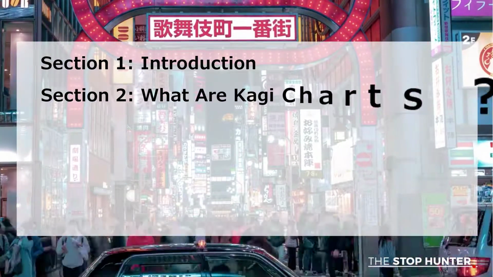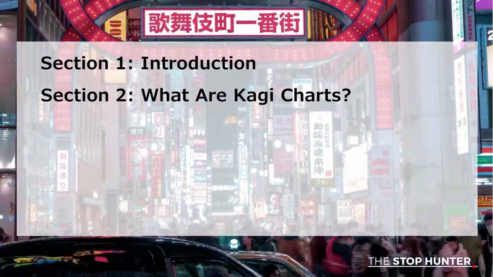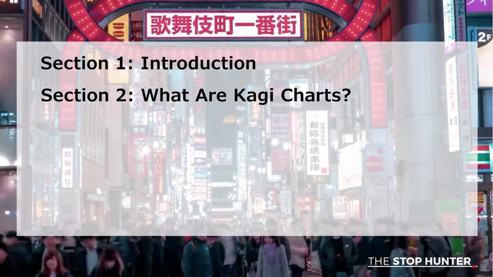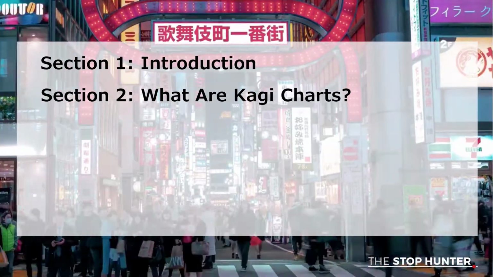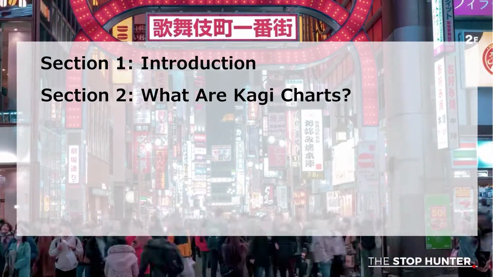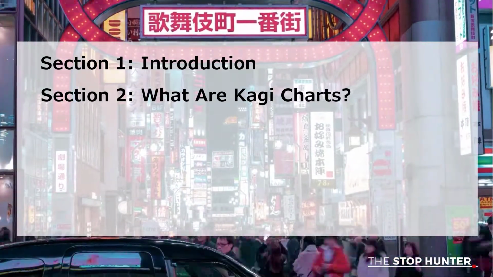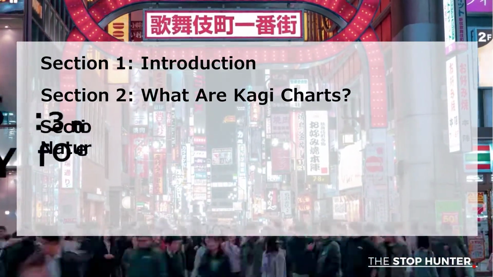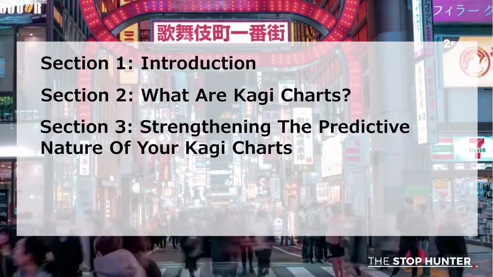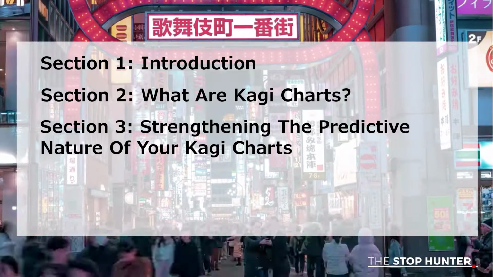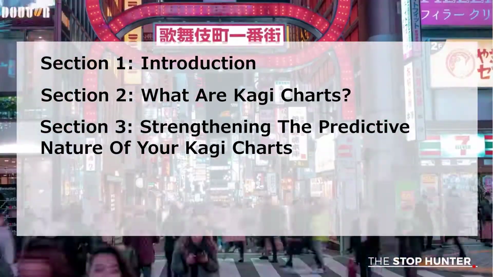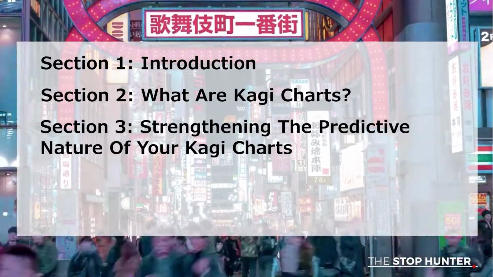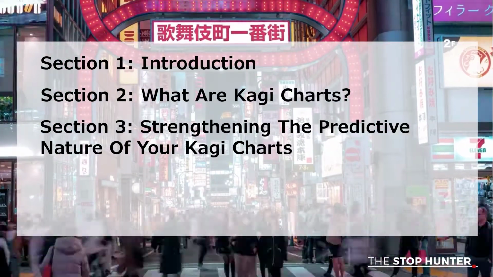That covers things like brokers, technical analysis packages, Kagi's relationship to other chart types, basic constructions of the charts, the yin and yang lines, why time and price are important, my approach to setting up the Kagi lines, further exercising using Kagi, useful chart patterns, and then we move on to section 3, which is about strengthening the predictive nature of your Kagi charts, and in there we learn to add Western indicators, things like trends, moving averages, bands, awesome oscillators, the DMI, even Ichimoku again from Japan, and some exercises, a simple strategy in how you would apply risk and trade management to your Kagi charts.